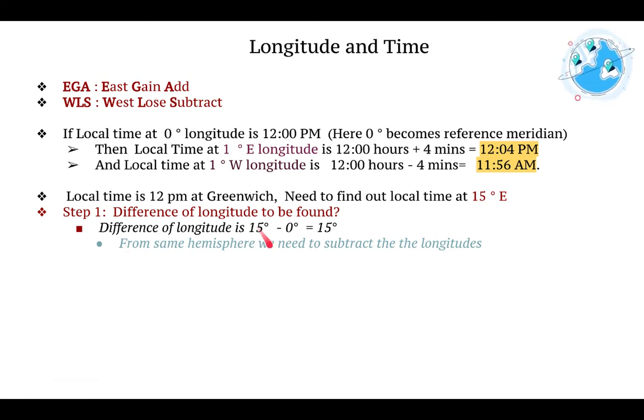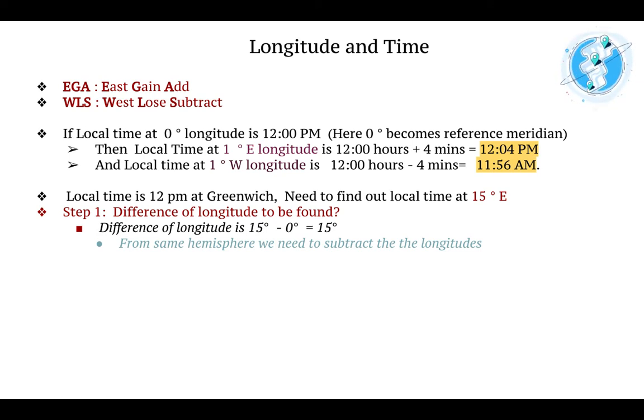If you are calculating the time difference of longitudes which are in the same hemisphere, let's say 15 degrees east to 45 degrees east, both lie in the same hemisphere, right? We can simply subtract, 45 minus 15. So you get the difference of longitudes. We can subtract if the longitudes belong to the same hemisphere.